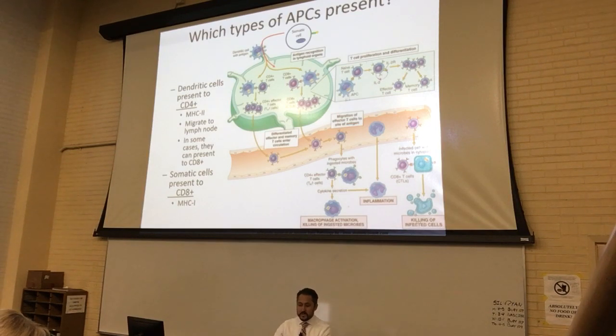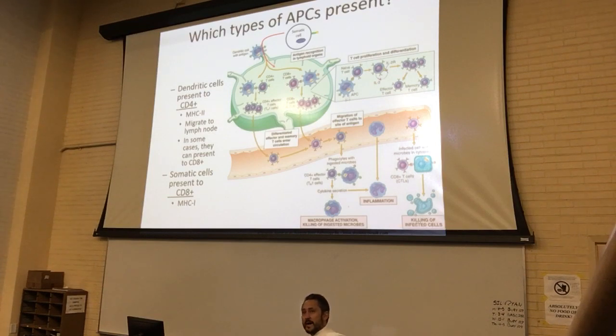A somatic cell just means any body cell, any nucleated body cell. And a nucleated body cell is not typically an antigen-presenting cell. But we know that cells can get infected. Those cells that get infected can actually still present their antigens. So I don't want you to think that an infected cell doesn't do anything.